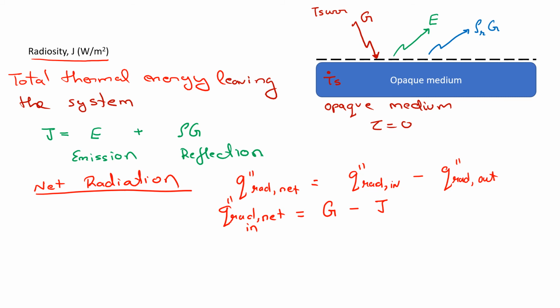And if we want Q rad net going out, it will be J minus G, right? So we can write J as E plus rho R times G minus G.